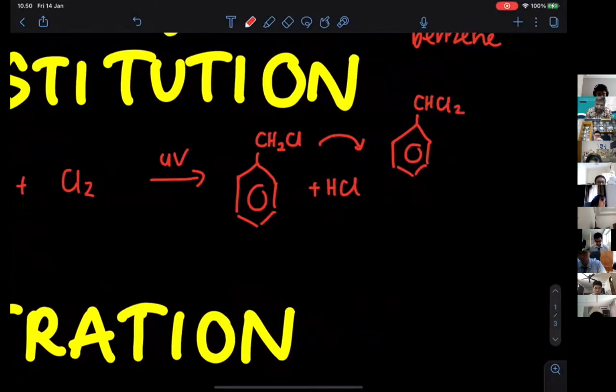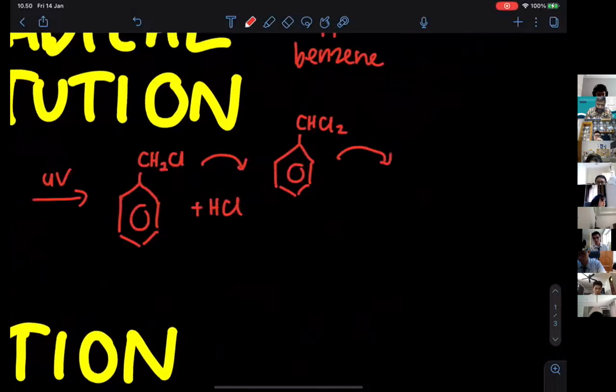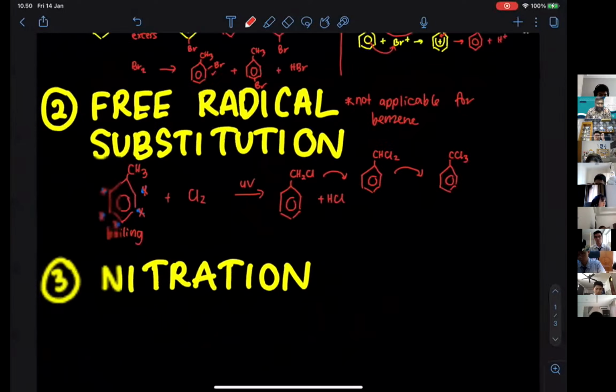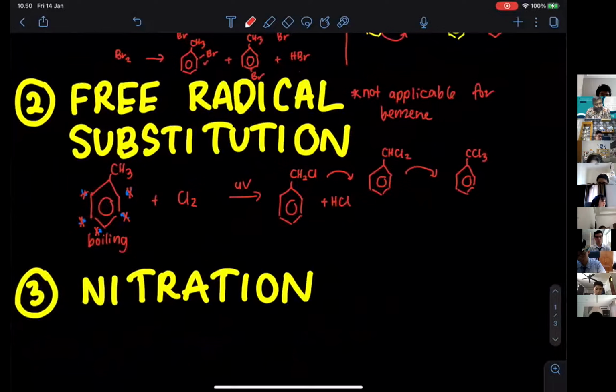So you will have CHCl2, and when it continues, you will have CCl3. That's the mechanism of the reaction. Do remember, there is no direct substitution to the ring because there is no halogen carrier over there.